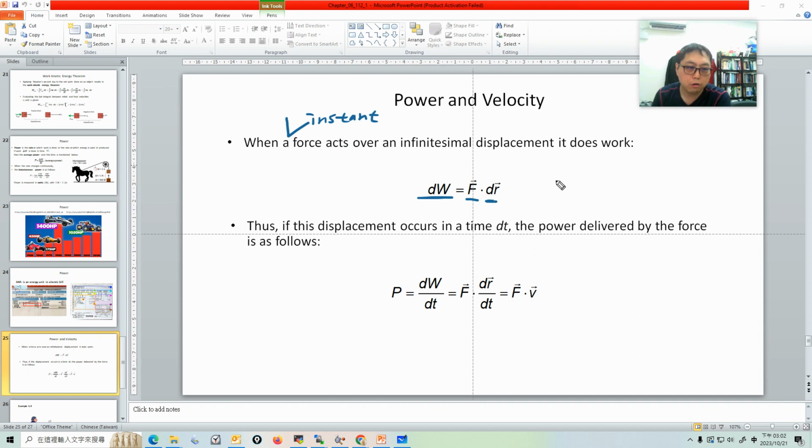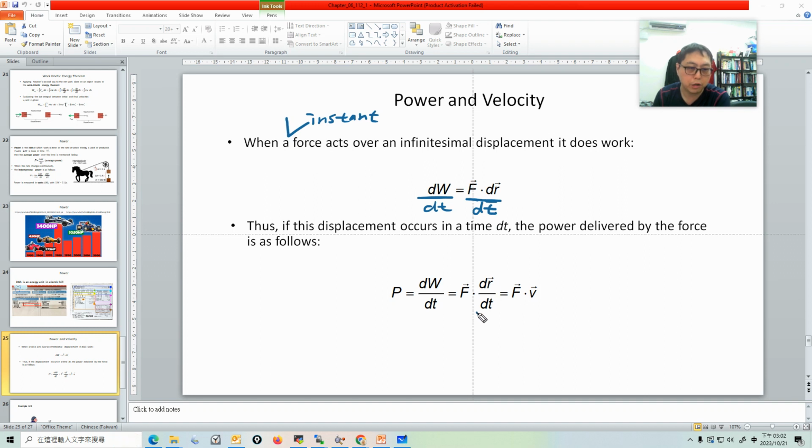So the power P is dW over dt, the derivative of work with respect to time. You just divide by dt, and it becomes F dot dr over dt.